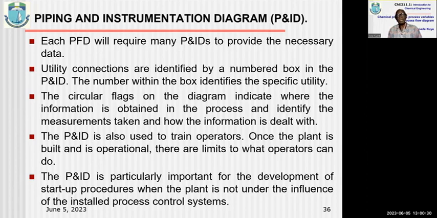And physically, when you now go out, you can relate it to it. It's also very important for the development of the startup procedures when the plant is not under the process control systems.